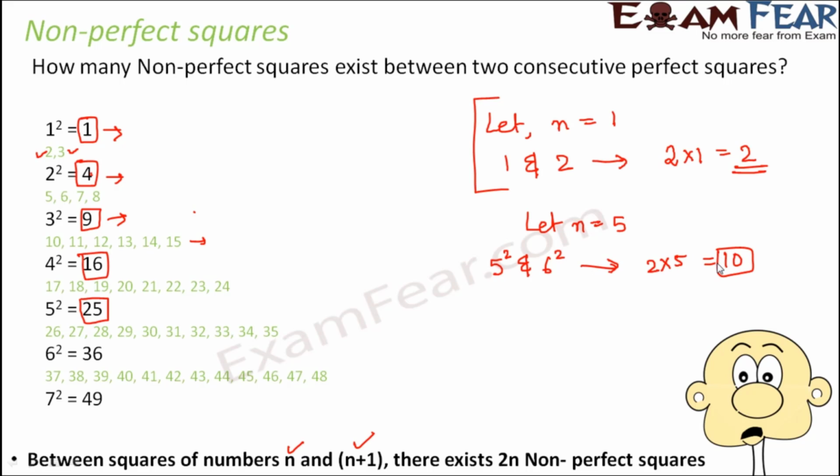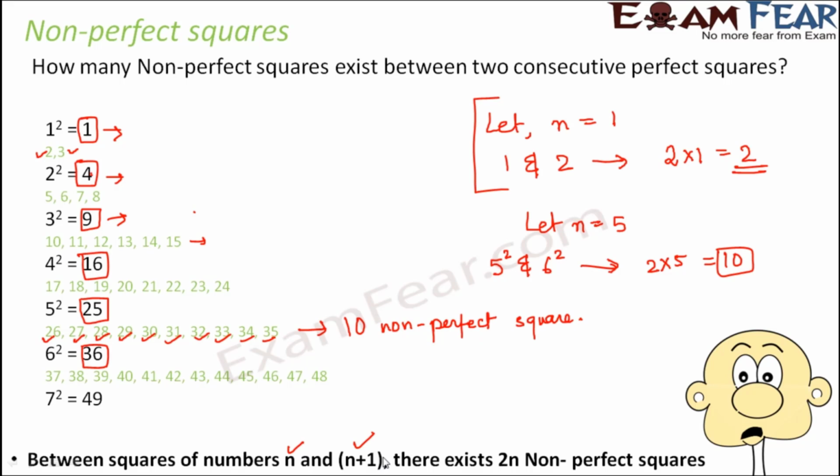So there should be 10 non-perfect squares between 5 square and 6 square. Let's check here. This is 5 square, this is 6 square. Between them, we have these many non-perfect squares. Let's count. 1, 2, 3, 4, 5, 6, 7, 8, 9 and 10. So there are 10 non-perfect squares.